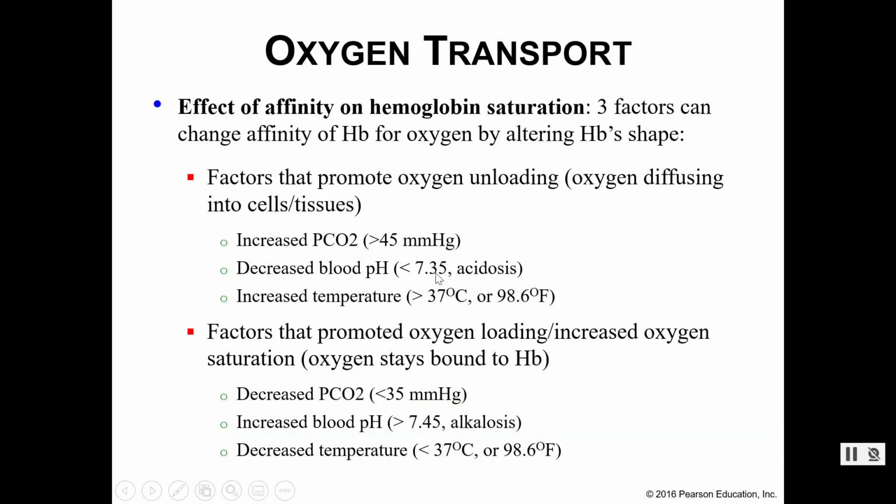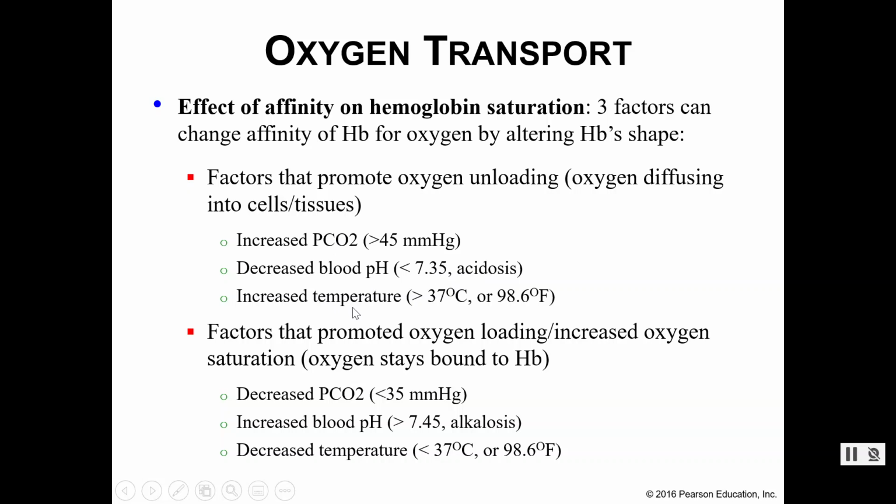We've dropped below 7.35. One of the ways that we could do that is by having too much carbon dioxide in our blood. So what do we do about it? Well, we just said, for carbon dioxide, we're going to get rid of the CO2 and we're going to unload the oxygen into our tissues. This would raise our pH back up to the 7.35 to 7.45.